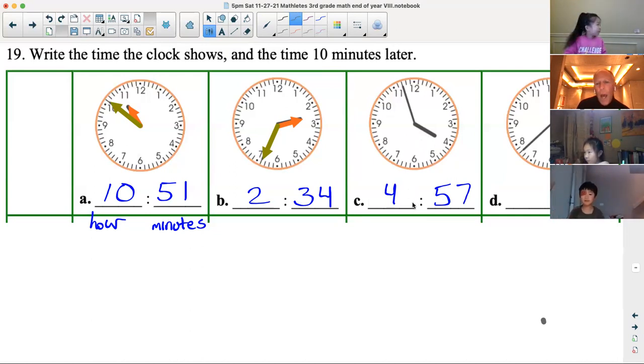Think about how much time has passed. In 3 minutes, it is going to be what time? Because remember, the hour hand moves during the hour. So is it 4:57? Eleanor, what do you think?